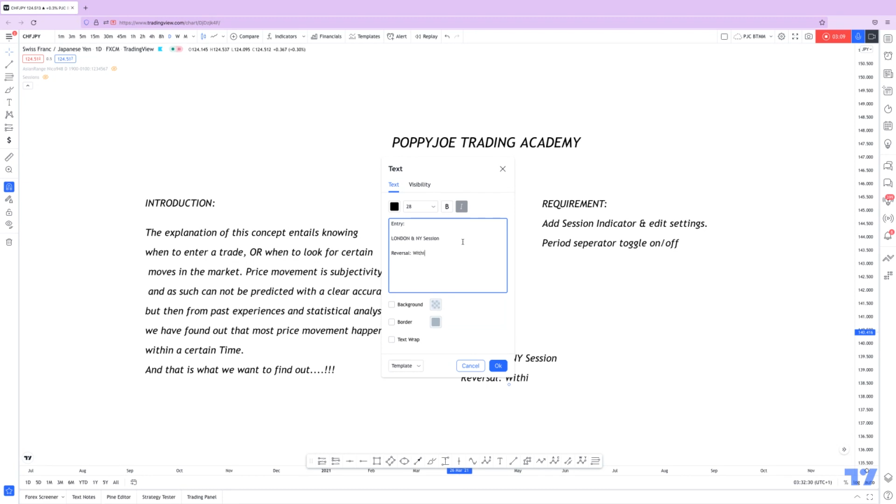We should be looking for reversals at London Open. That's the London session open. We should be looking at it during the session overlap, that is during the London and New York session overlap. Then finally, we should be looking for reversal in the New York session as well.